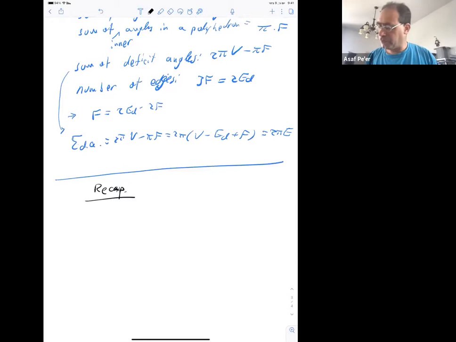So we're doing cosmology. We said modern cosmology is based on the Copernican principle, which states that on very large scales, the universe is homogeneous and isotropic.